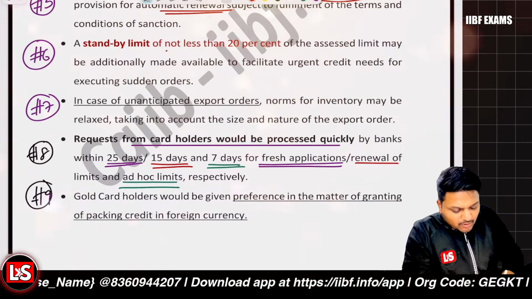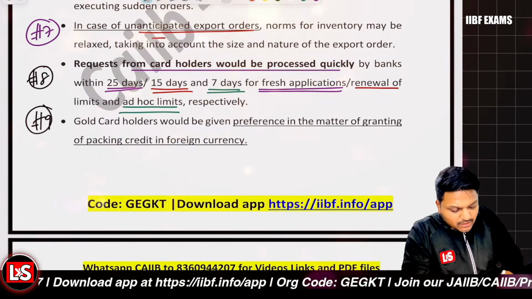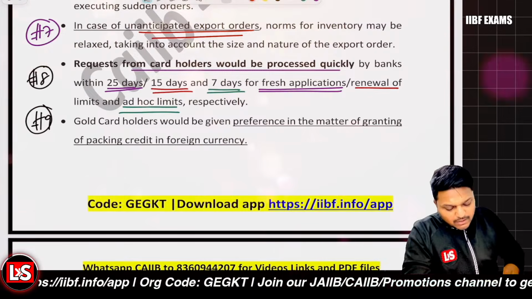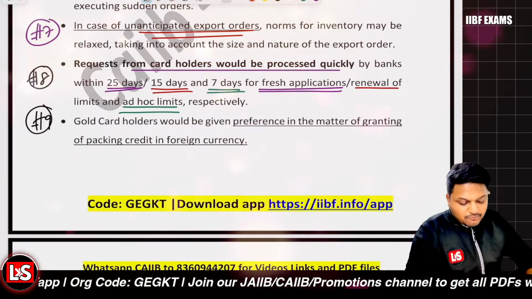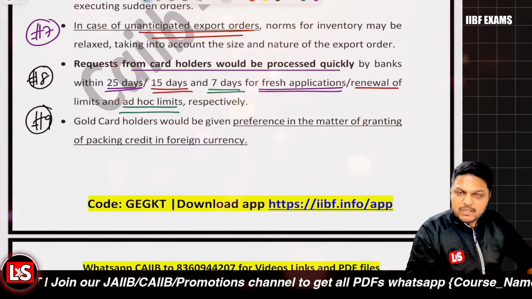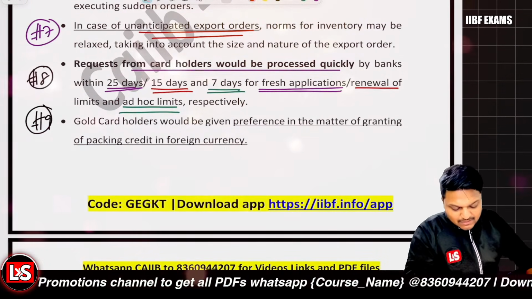A standby limit of not less than 20% will be issued to you, and for unanticipated orders there will be relaxed inventory norms. And further, the requests will be processed much faster, like applications in just 25 days maximum, renewal in 15 days, and ad hoc limits in just 7 days.